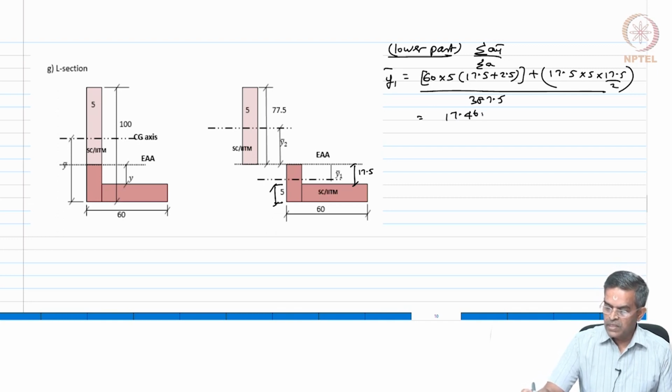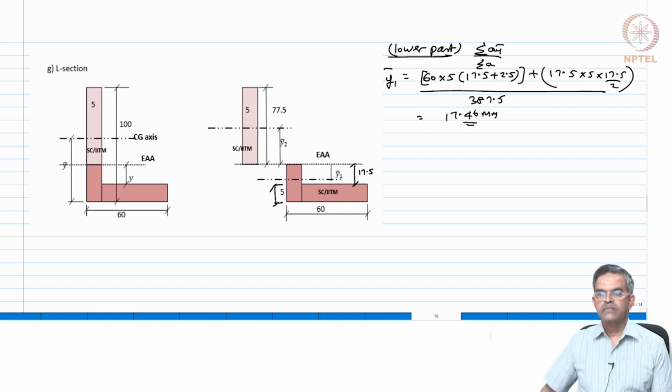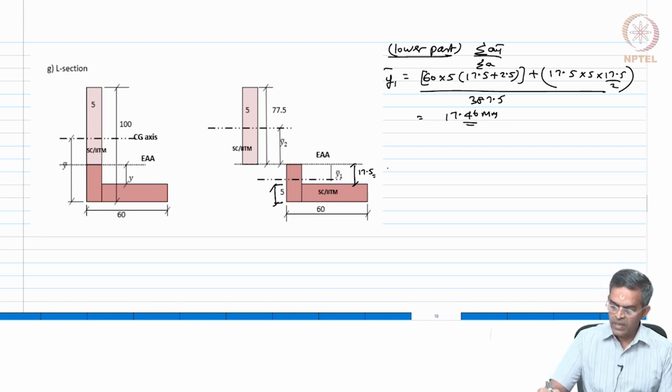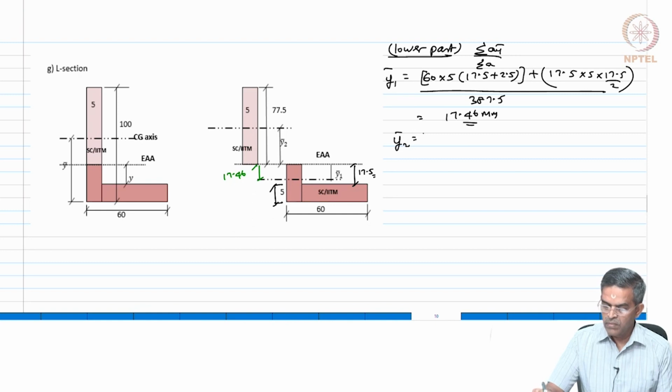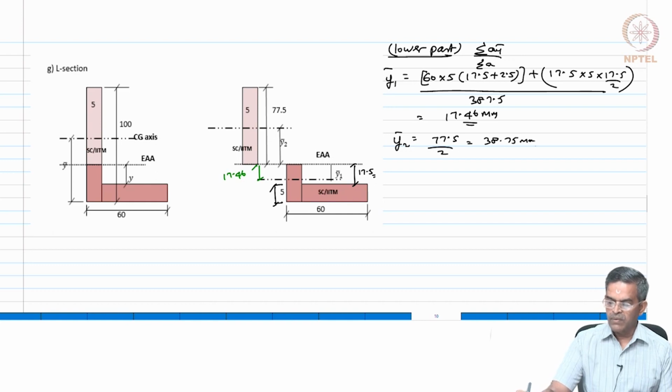So, that gives me 17.46 mm. Okay, 17.46 mm is y bar 1, which is very close to the intersection, right, the 17.5 and this is 17.46. Let us work out y bar 2. Y bar 2 is very simple because we know the overall dimension. So, this is going to be 77.5 by 2, which is 38.75 mm.